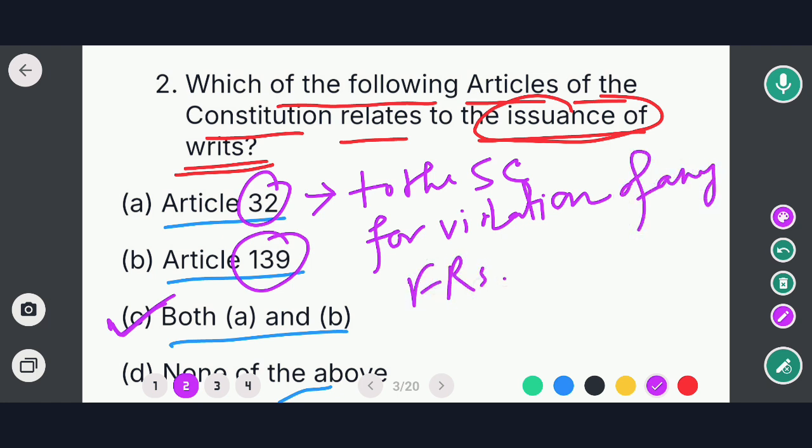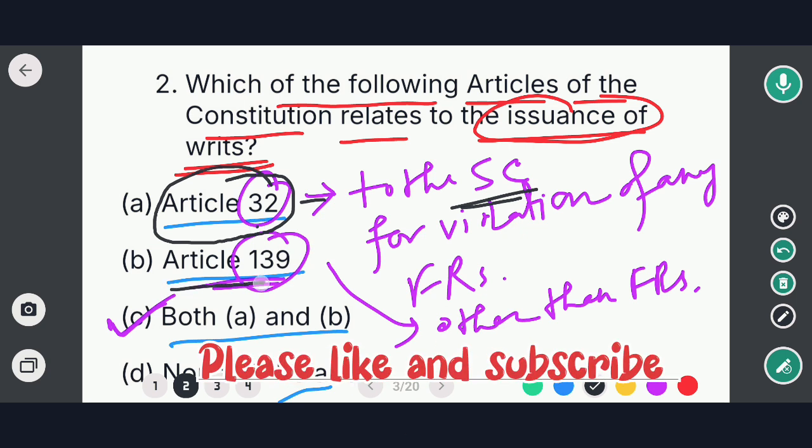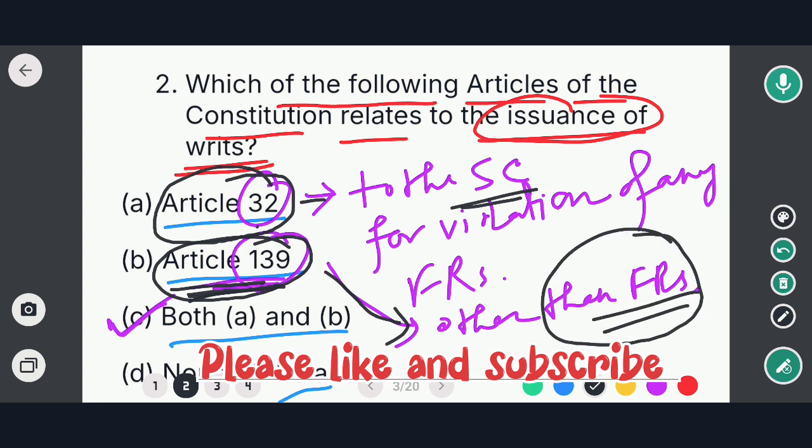If there is any violation of fundamental right, then we can file the writ petition directly to the Supreme Court under Article 32. And under Article 139, we can file the writ petition if there is any violation of rights other than the fundamental rights, that is, any legal right that has been infringed. Only in that case can we file the writ petition under Article 139.